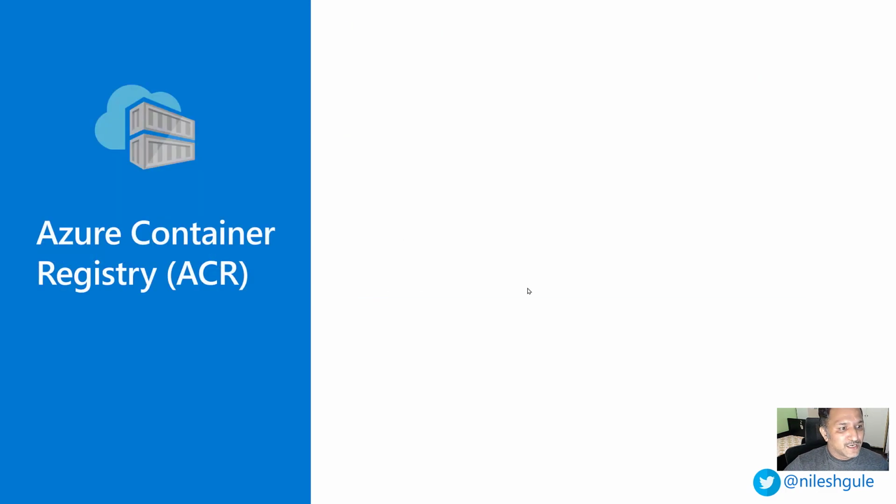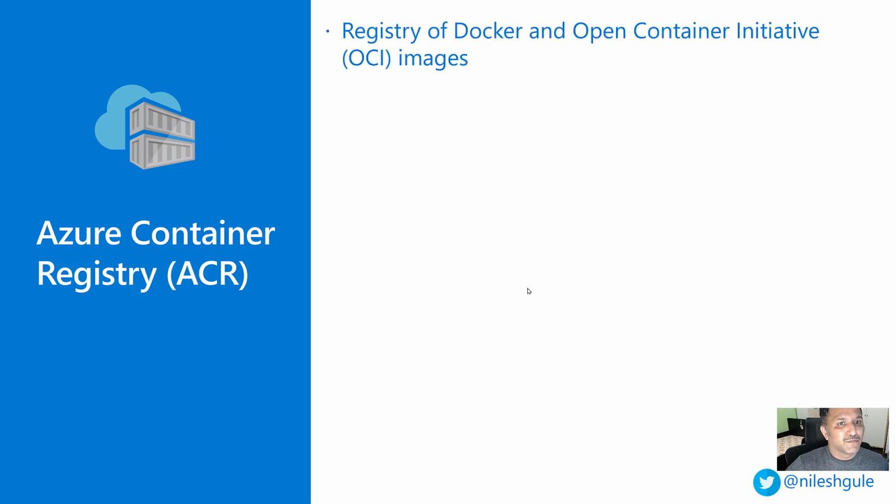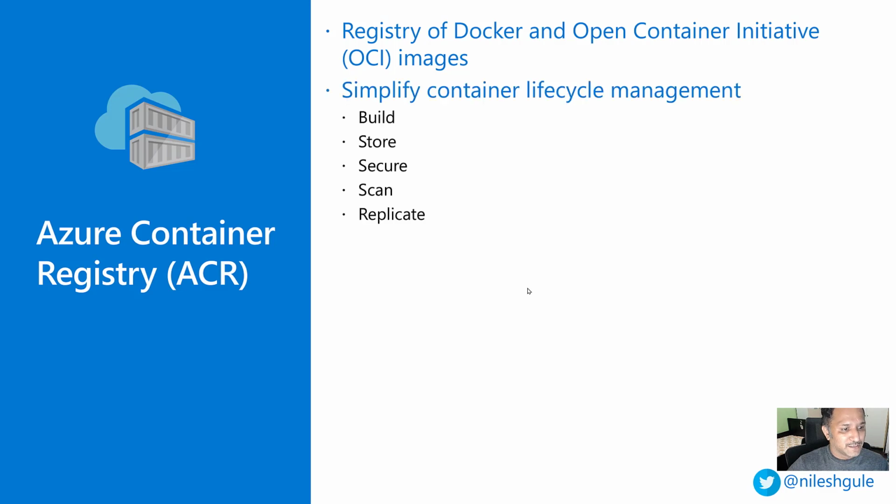Now let's look at Azure Container Registry and why we might want to use a private registry as compared to a public registry. Some of the features that Azure Container Registry provides: it supports Docker and Open Container Initiative images, so we can put the standard Docker images as well as other OCI compliant images onto the registry. It simplifies container lifecycle management in terms of building, storing, and securing the container images.